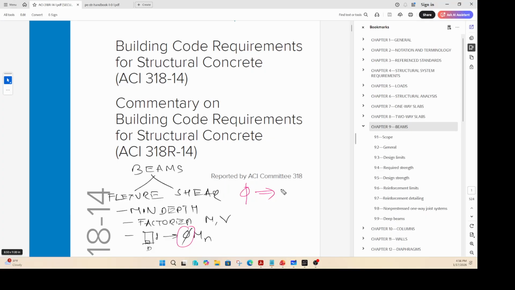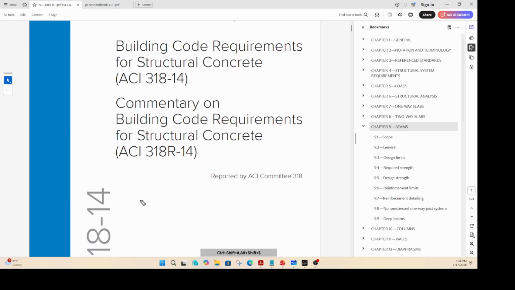And then we'll also look at the minimum area of steel requirement. We'll also look at the minimum shear reinforcement requirement, right? And then we'll also look at critical sections, where, I mean, how do you decide where the critical section for shear is, and things like that, right?